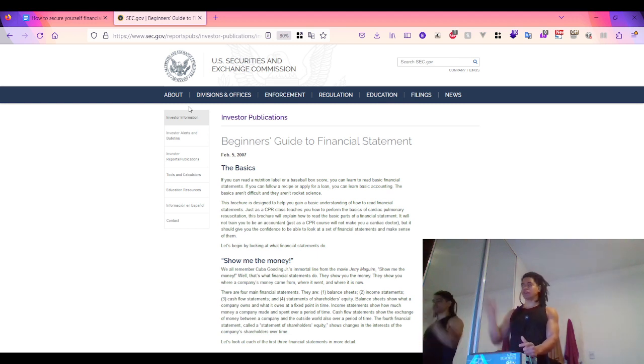Okay, so the net revenue. After that you deduct things, most of the time the cost of sales, so how much money a company spends to produce the goods and services. Once you deduct that, you reach the gross profit.